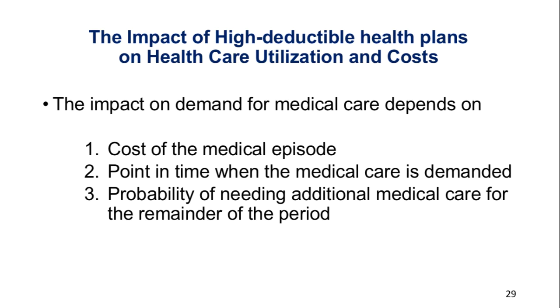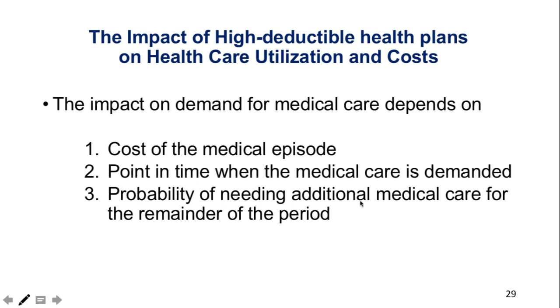You know that if you pay $2,000 right now, in the next calendar year you still have to pay another $2,000 deductible to use your health insurance. You may even pay out of pocket, not use your health insurance, or even not go to the doctor. So the point in time is very important.